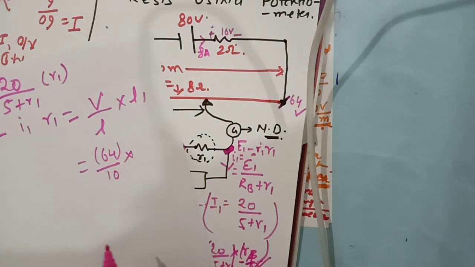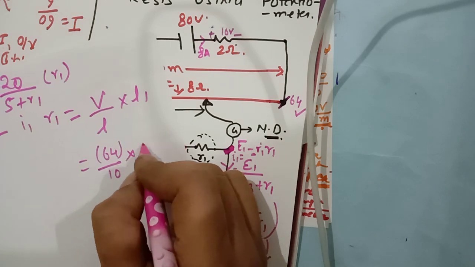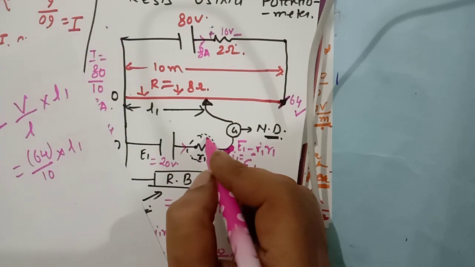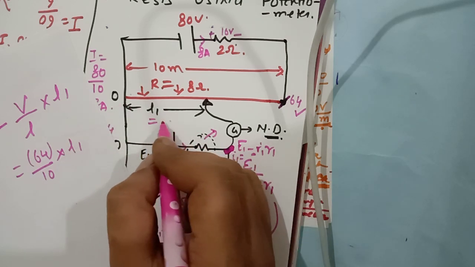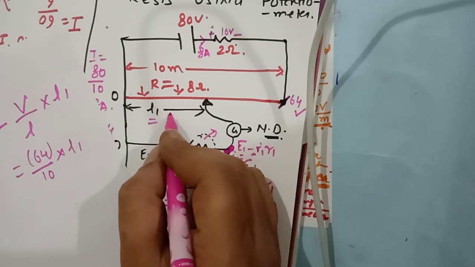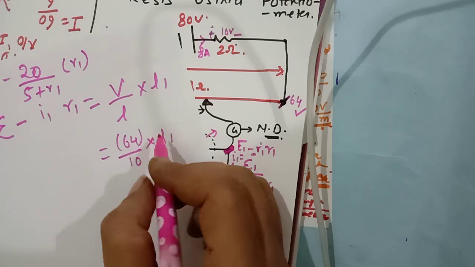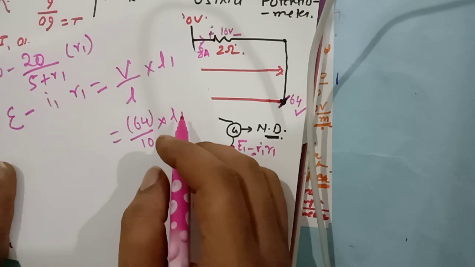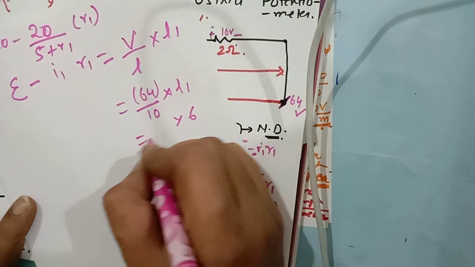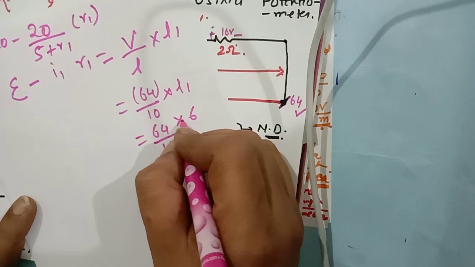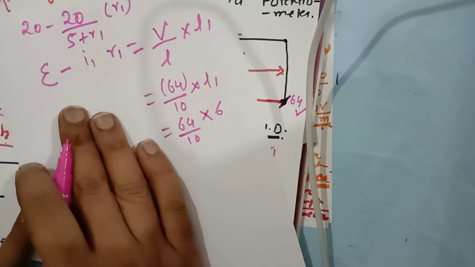No, because here our objective was to calculate the resistance. Sorry for not giving L1. Take L1 as 6, right? Now L1 we know. So L1 is 6. So 64 divided by 10 into 6. Calculation is not important. You can do it.